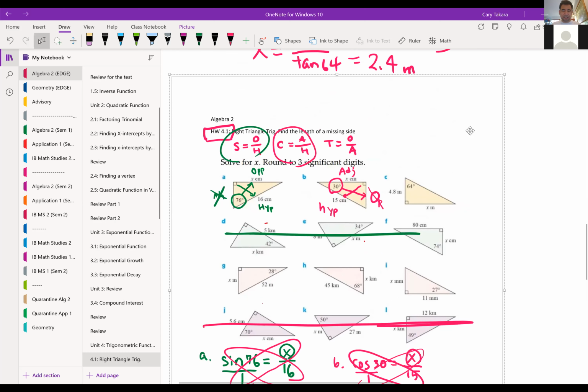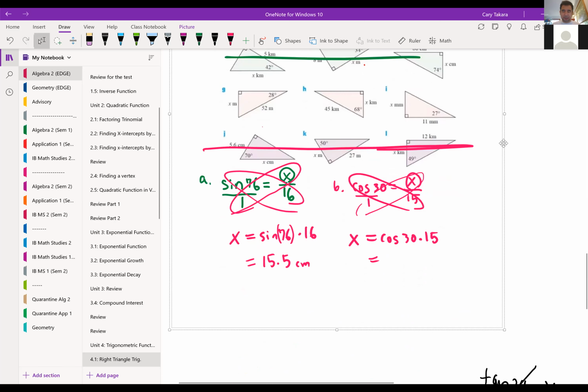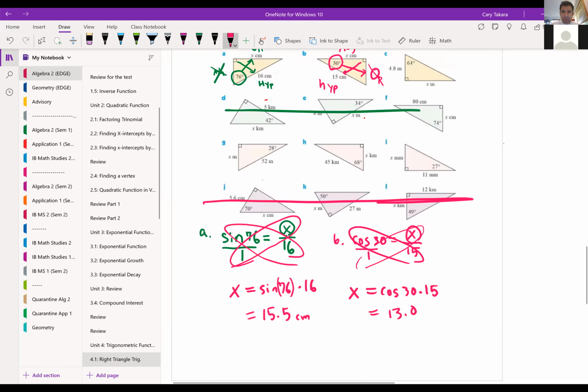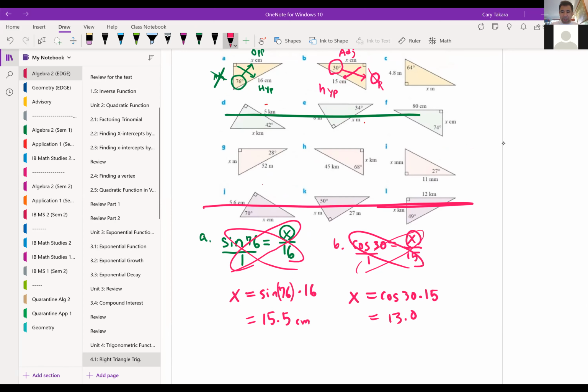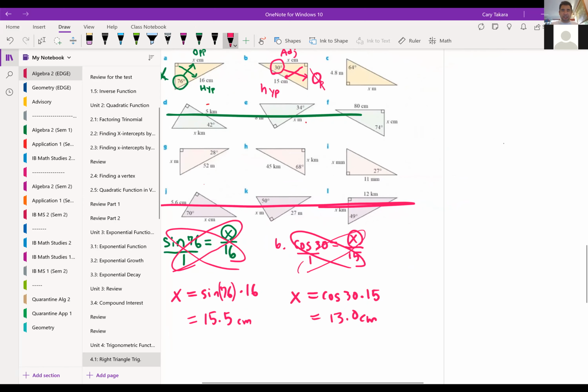I don't know if you have seen Desmos. You can use that too, and I can show that to you, maybe not right now, but tomorrow. And you should get 12.99, so 13.0 or 12.99. What's the unit? Centimeter again. Okay.